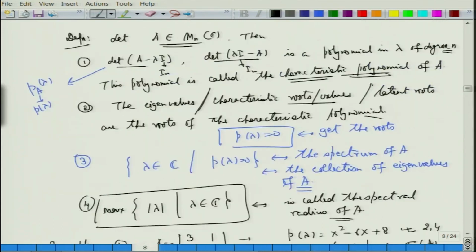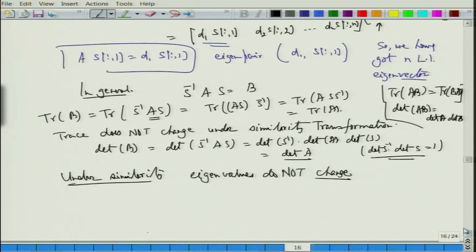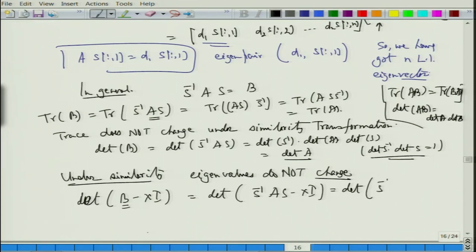Because to compute eigenvalues, we need to compute determinant of B minus xi, which is same as determinant of S inverse AS minus xi, which is same as determinant of S inverse into A minus xi into S. Just multiply S inverse AS minus S inverse xi S again.